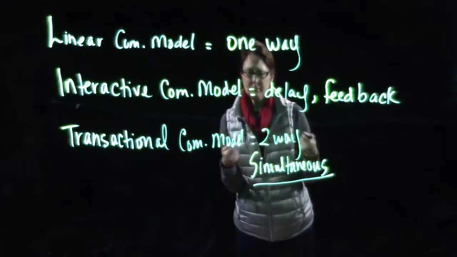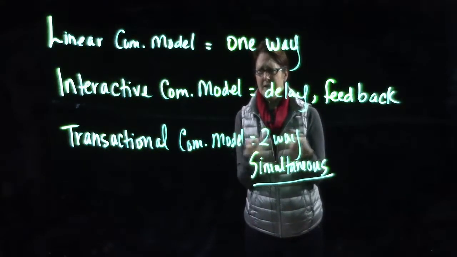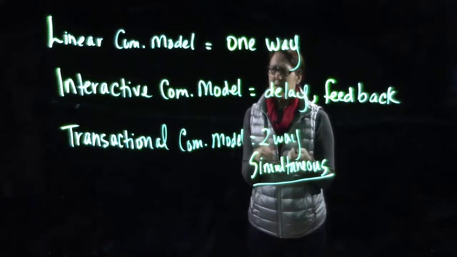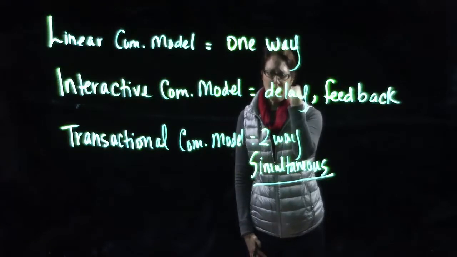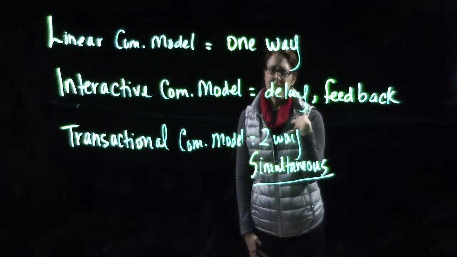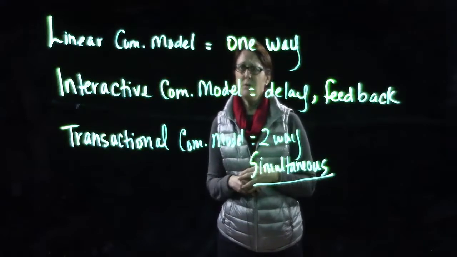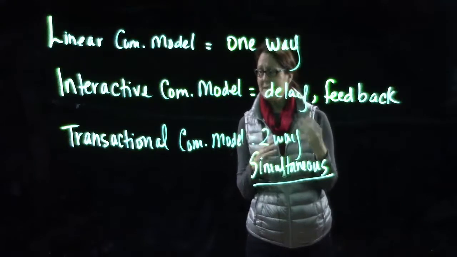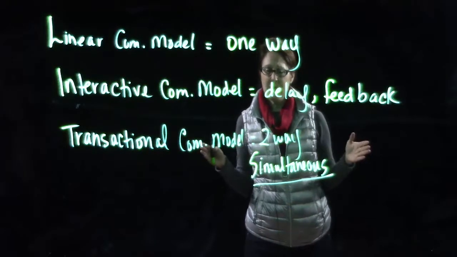Feedback can be verbal and nonverbal, and it occurs all at the same time. An example would be face-to-face communication. While I'm talking, you're also receiving and sending the message back. Sometimes communication can be solely nonverbal, where you give someone a look and they look back at you. That's the transactional communication model, sending and receiving all at the same time.